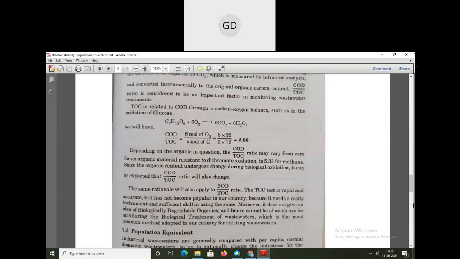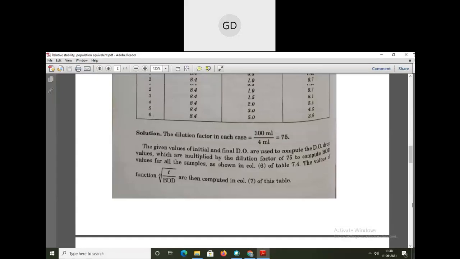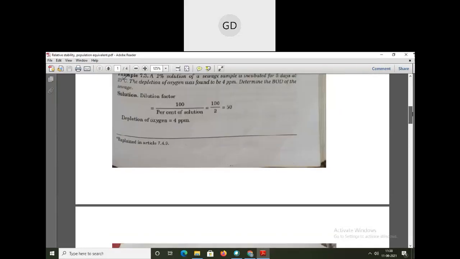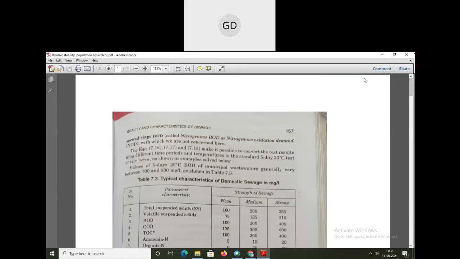So this is all about the characteristics of sewage. Whatever was included in the characteristics of sewage has been discussed till now.